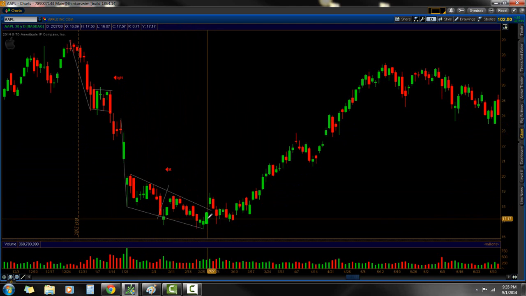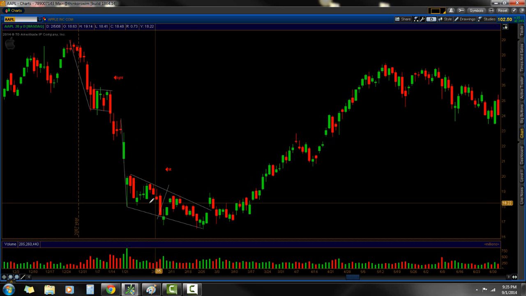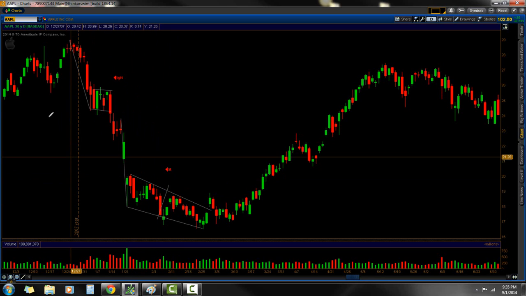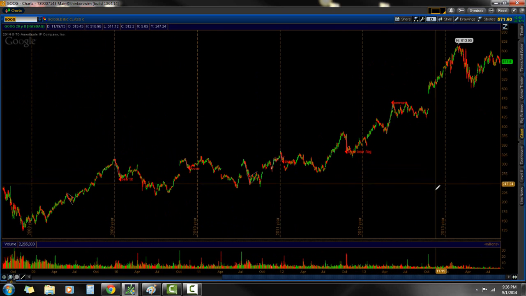That's probably 20 something days. Alright, so count your days and also make sure that your flag is going either sideways or going opposite tilt of the pole. That's the same for downward bearish poles, flags as well, bear flags.